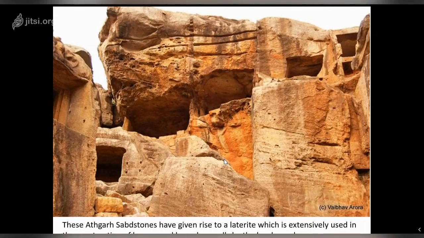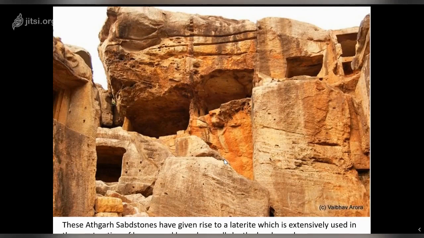You don't find the laterite on the hill, because for formation of the laterite you need a valley, a flat surface where it could hold water, and then percolation through the sandstone and chemical alteration take place and give rise to laterite, which is a very good resource for construction of houses.